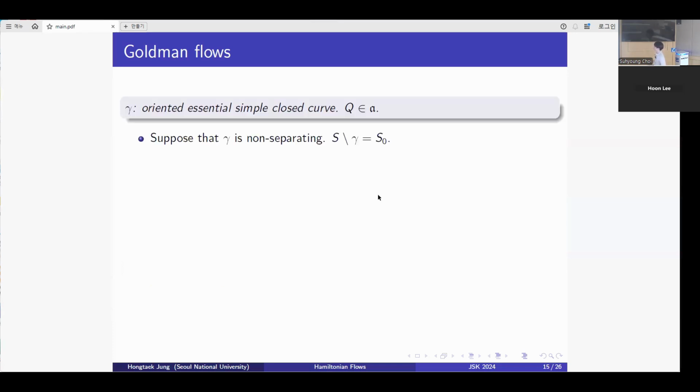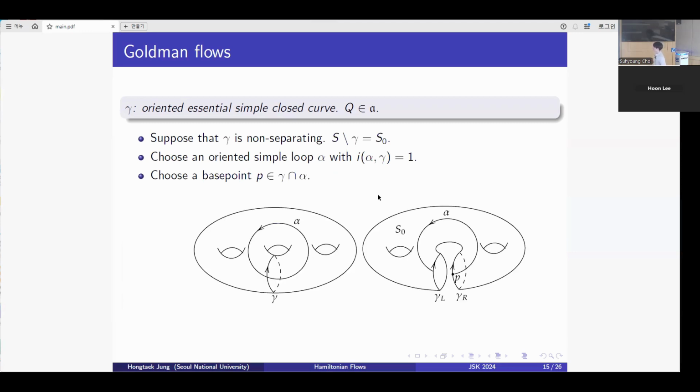Then, if your gamma is non-separating, we choose a simple closed loop alpha that intersects once with your curve gamma, and choose a base point at the intersection point. Pictorially it looks like this: you have a surface and a non-separating curve gamma, and alpha is here, and you choose a base point here.